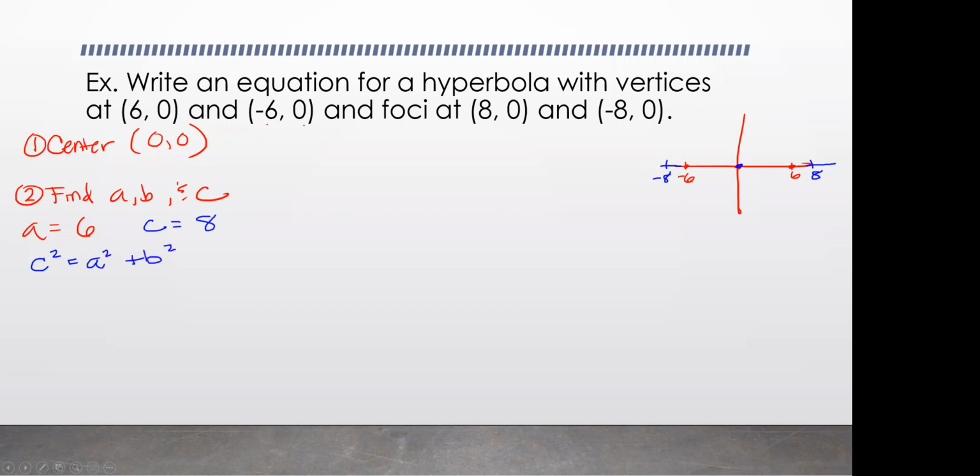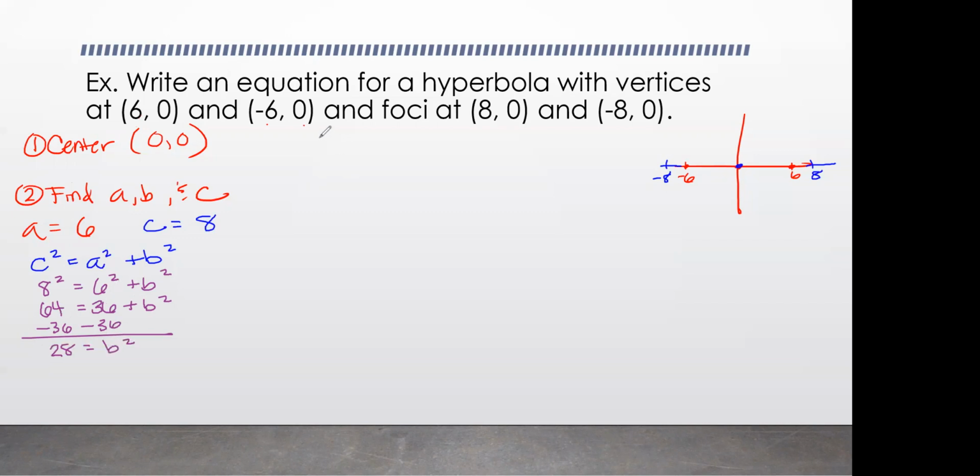So we're just going to plug in the values that we have. We know c is equal to 8 and a is equal to 6. So this would be 64 equals 36 plus b squared. Then I subtract, and I end up getting 28 is b squared, okay?